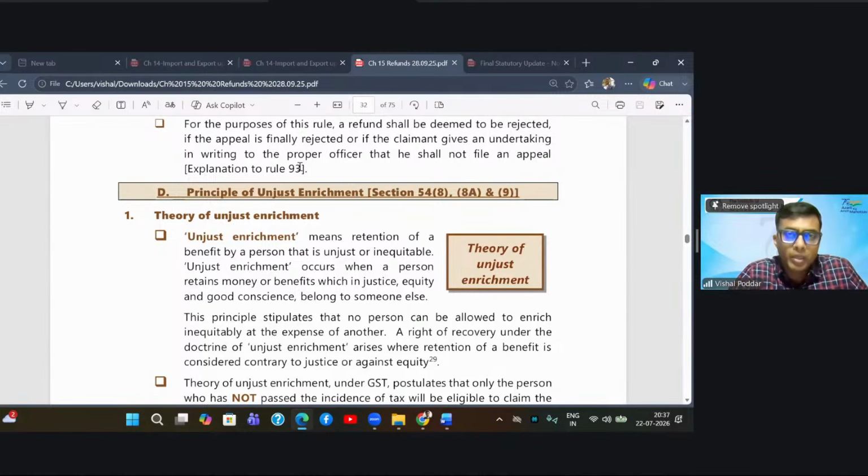If it is refunded to me, it will be an unfair advantage to me because I had not borne the tax burden; I had collected this from the buyer and paid the buyer's money to the government. So the refund should be given to the buyer, the person who has borne the tax incidence. If it is given to me, who has not borne the tax burden, it would be unjust enrichment to me, which is unfair.